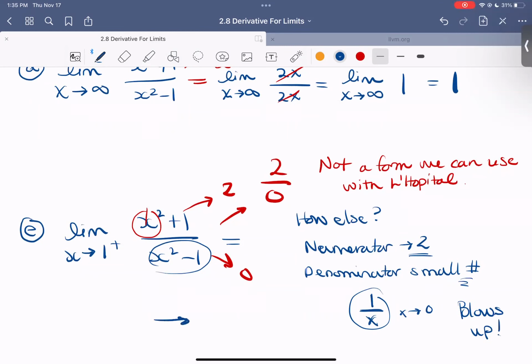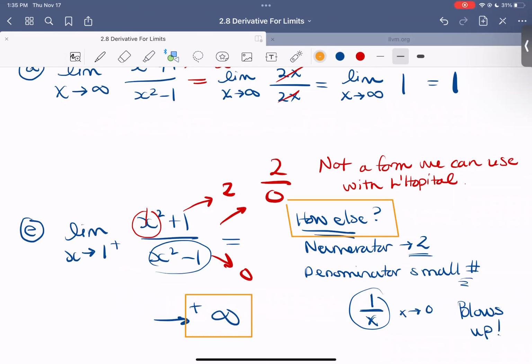So this would blow up and go to positive infinity. That was more a discussion of using the form of the function to justify the value of the limit.